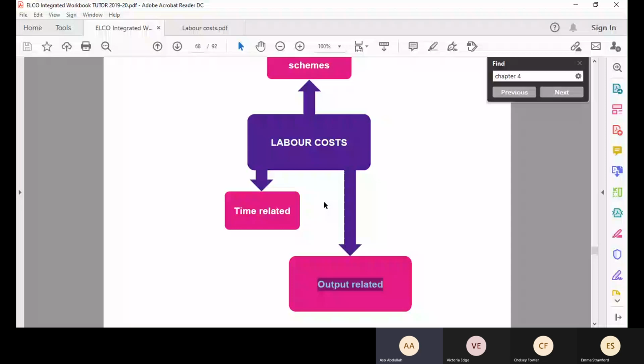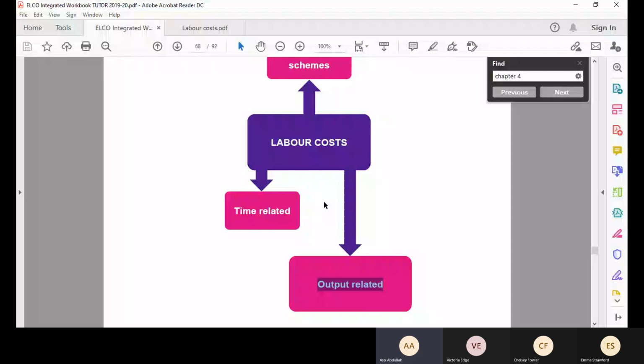So let's look at time-related pay. Imagine you are working for a manufacturing company; employees are usually paid under time-related pay. They are paid for the hours they spend at work, regardless of the amount of production or output they achieve.